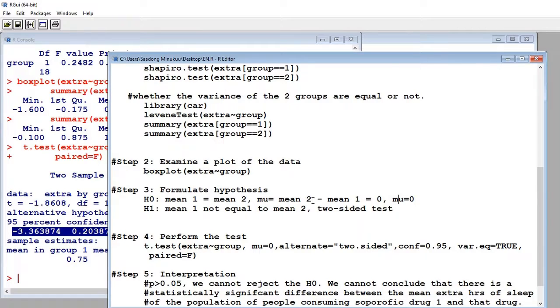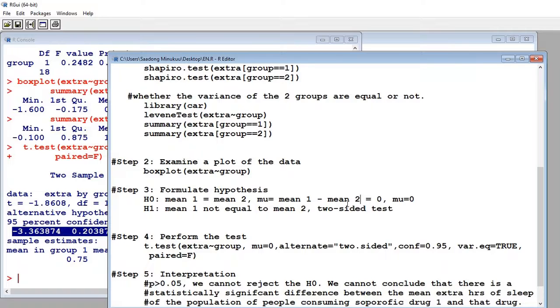Here I said M2 minus M1, but let's make it M1 minus M2. In either case, if we are saying M1 is equal to M2, then M1 minus M2 or M2 minus M1 will give us 0. It's as simple as that.